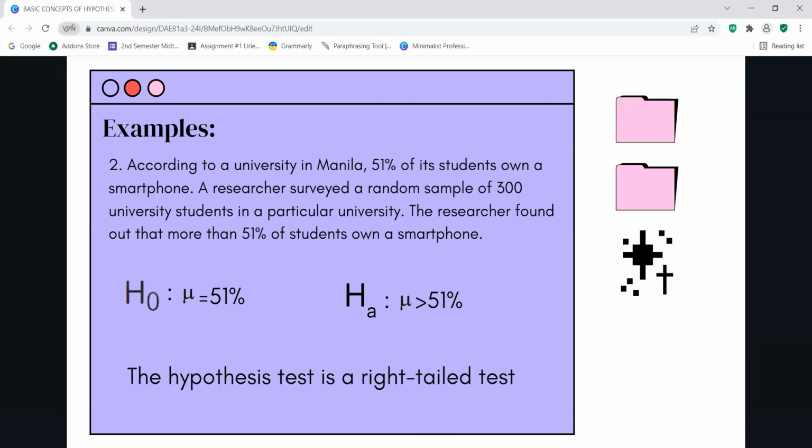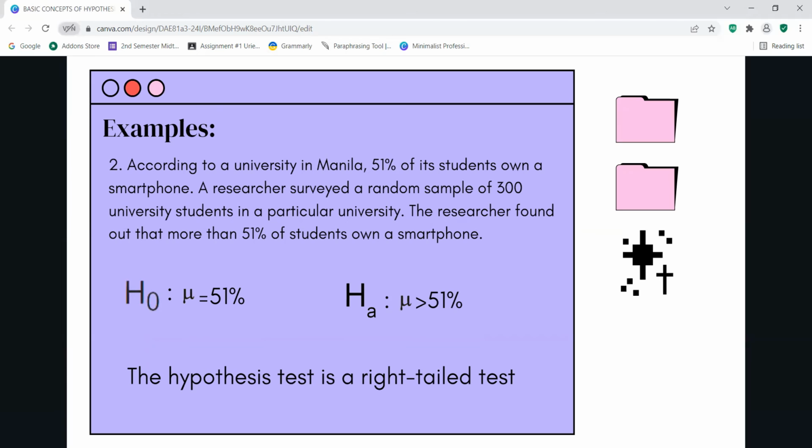So the null hypothesis will be population mean is equal to 51%. And the other claim says that it is more than 51%. So our alternative hypothesis will be population mean is greater than 51%.